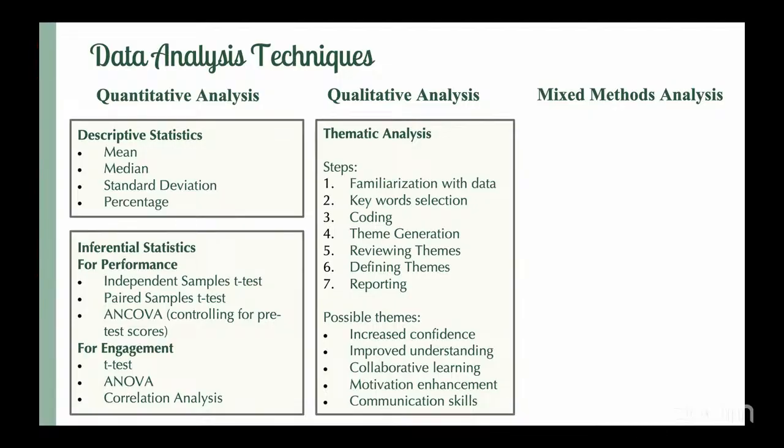And then you start reporting it, reporting in the sense of documenting whether peer tutoring has impacted academic performance and student engagement in this particular context of 8th grade students in a particular school.